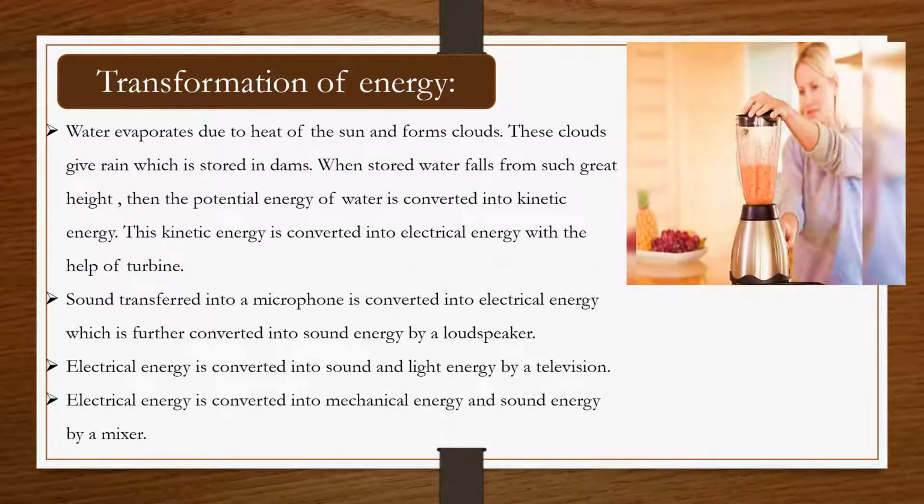And electrical energy is converted into mechanical energy and sound energy by a mixer. So thus, we see that we are indirectly utilizing nothing but solar energy in all these transformations of energy. In other words, the sun is the most important source of all energy.